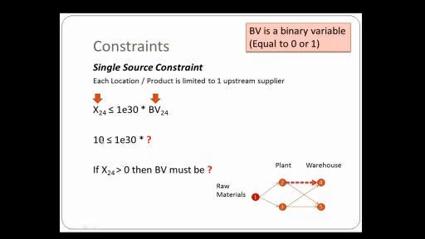Well, for example, if the amount of products was 10, then the equation would say 10 must be less than or equal to a large number times that binary variable. Well, would it be 0 or 1? If it was 0, that would not be a true statement. 10 is not less than or equal to 0, so it would have to be 1. That would make the statement 10 is less than or equal to the large number true. So if we did have product flowing from 2 to 4, that would force the binary variable to be 1.